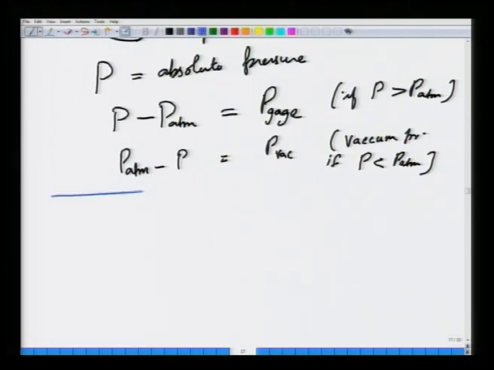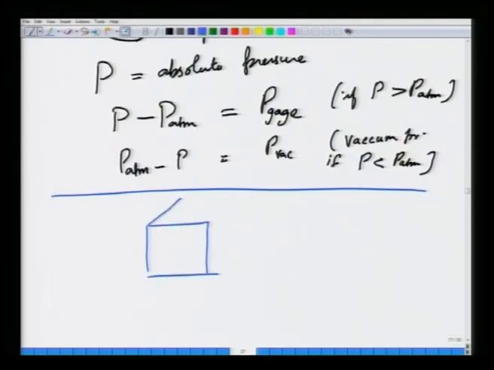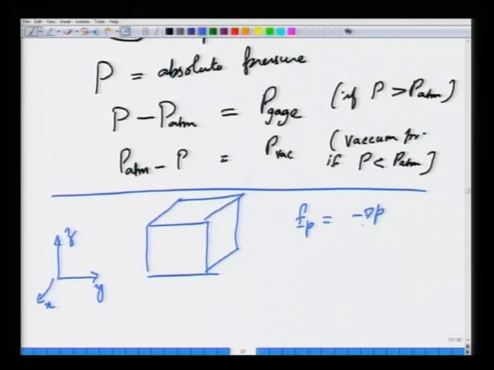Now, let us consider a cubic volume element like this. Let us put a coordinate system x, y and z. We know that the net force per unit volume due to pressure is minus grad p, and the net force per unit volume due to gravity is simply rho g. Okay.